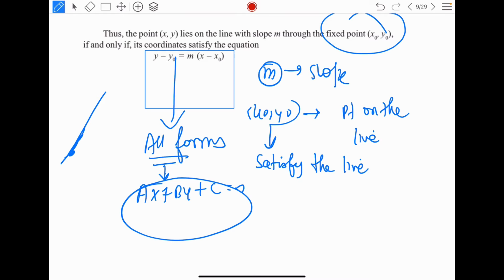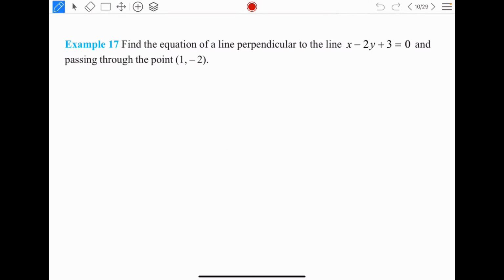No matter which way you start solving it, finally it has to come out in this form. This is your key point. We'll be learning many more ways as well after this. So this is your point slope form, one of the most important forms of the line. Question.